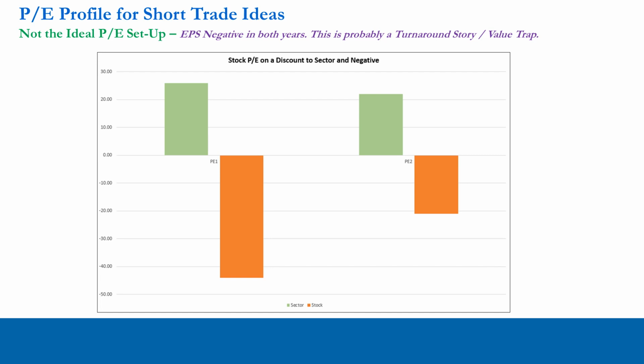If you see this type of PE profile in the context of a stock that has been going up a lot and continues to trend up and hasn't even gone ex-growth, so it hasn't even entered a phase 1 scenario, it's very likely that you're looking at a revenue growth story. Therefore, from a short trade ideas perspective, this is not an ideal setup.